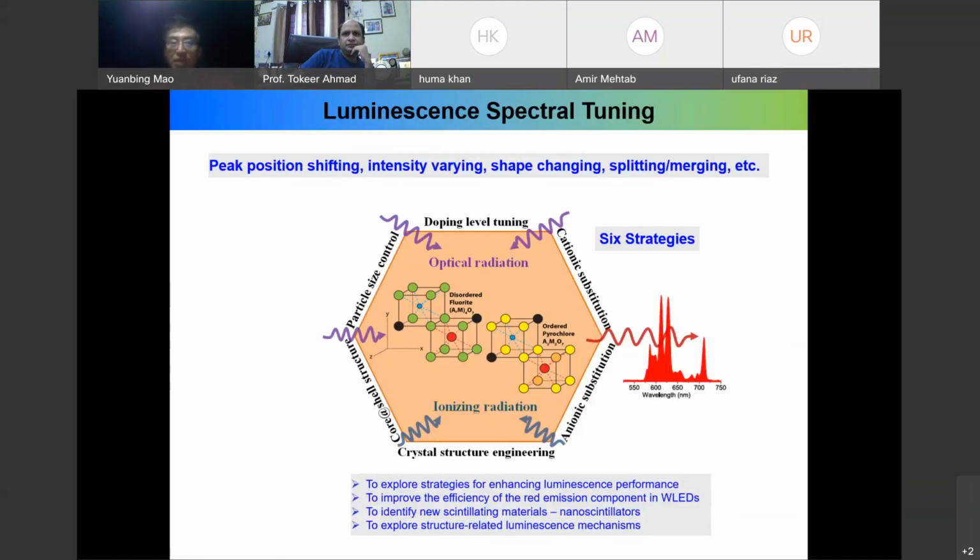The first question is, when we talk about spectrum tuning, there are several different aspects. It can be related to peak position shifting, blue shift or red shift.